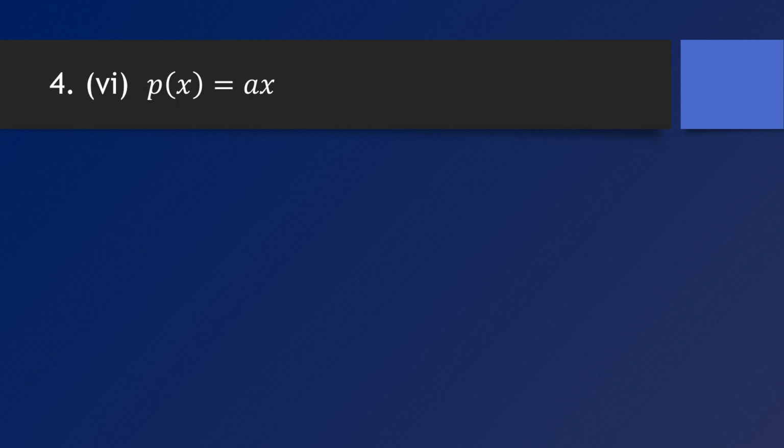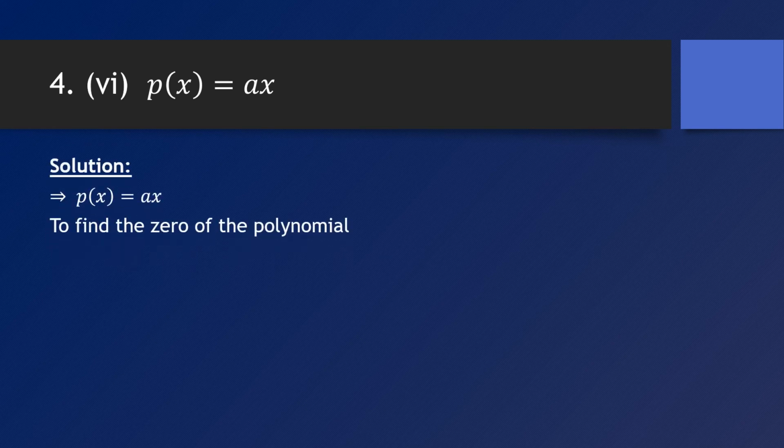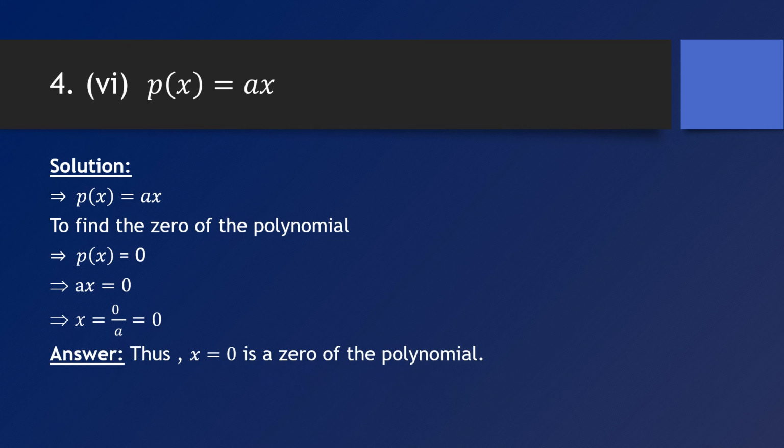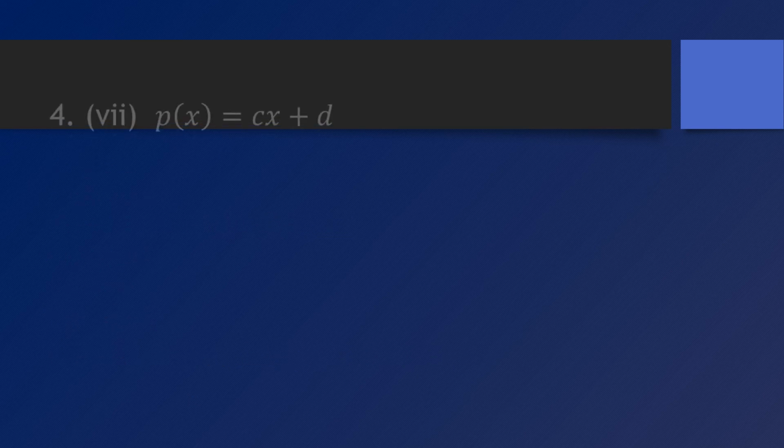Similarly, we'll try it for question number 6, that is p of x is equal to ax. To find the 0 of the polynomial, we put p of x is equal to 0 and here ax will be equal to 0. Then x will be equal to 0 upon a, which is nothing but 0. Thus x is equal to 0 will be the 0 of this polynomial as well. So it is the same as question number 5.